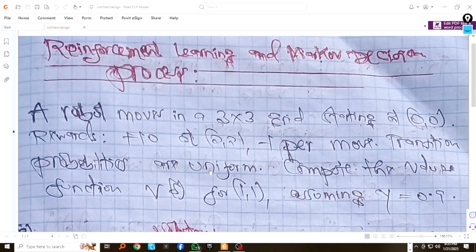Transition probabilities are uniform, meaning that at any point, the robot can take any direction with an equal chance. Now, compute the value function, that is V of S, for S equal to 1, 1, assuming that this symbol that looks like Y, gamma, is 0.9, and the symbol represents a discounting factor.